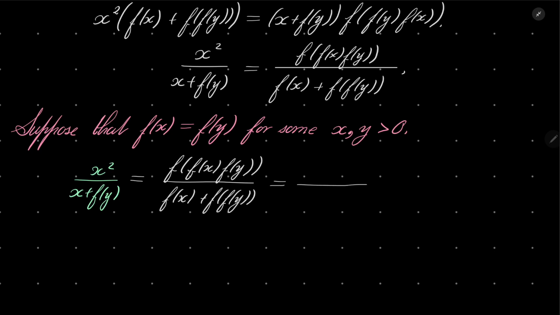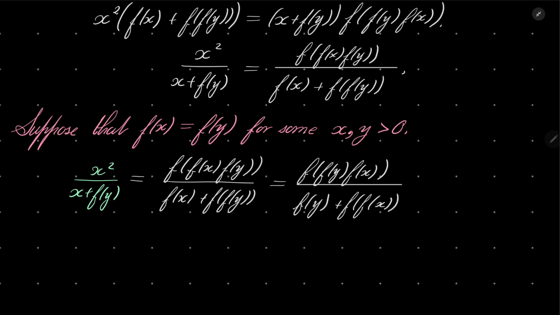But also, I can change x and y. And I can write f(y) times f(x) over (f(y) + f(x)). Why can I do it? Well, because I'm supposing that f(x) equals f(y). So I can freely change f(x) to be f(y) and vice versa.